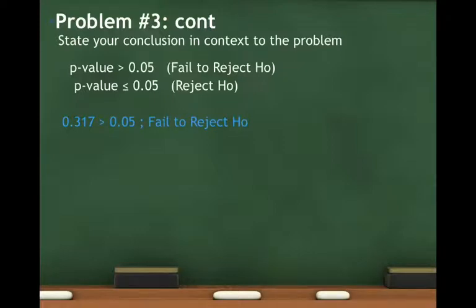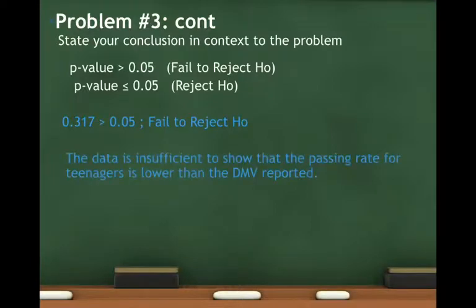What is that saying? We're not saying the null hypothesis is true, because that's not it. What we're saying is we have no evidence to go against what the DMV is claiming. You can say that the data is insufficient to show that the passing rate for teenagers is lower than what the DMV is reporting.